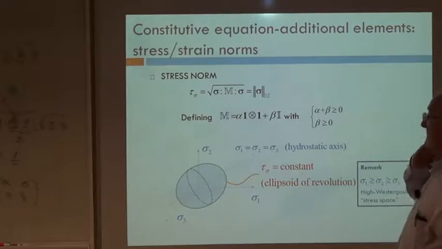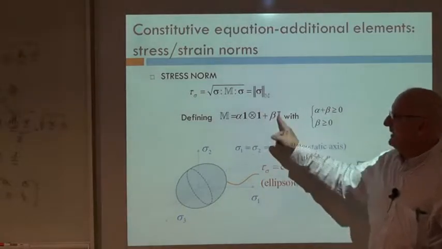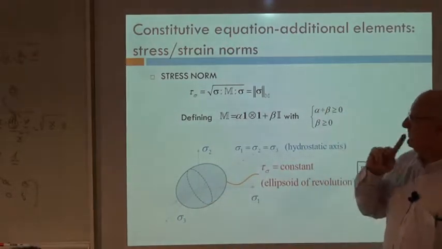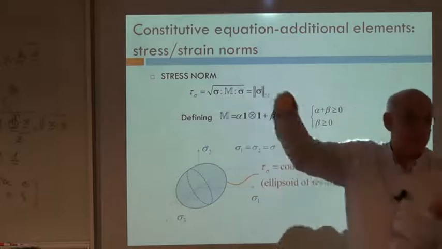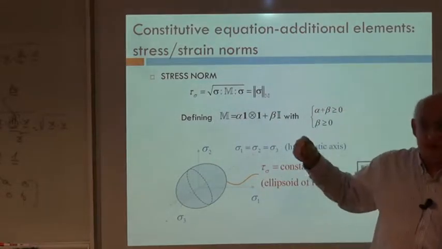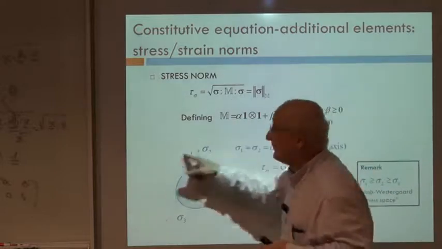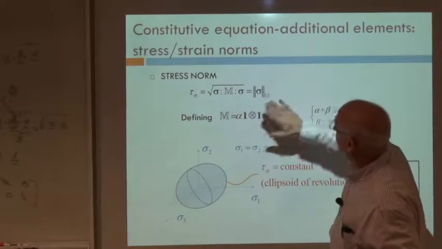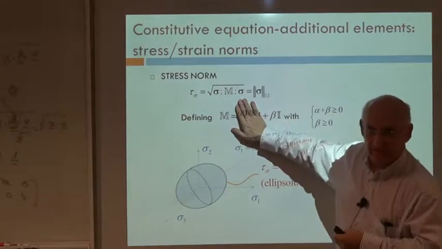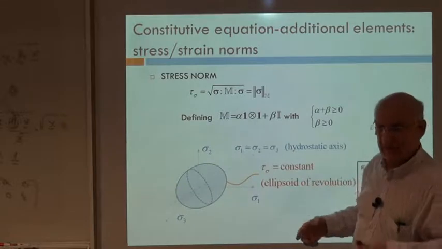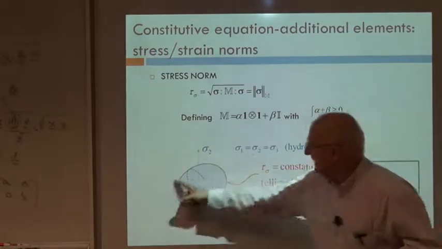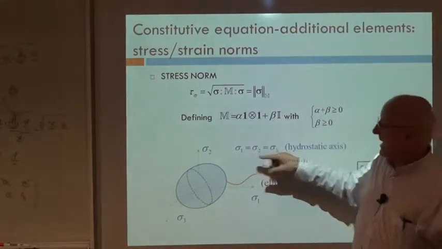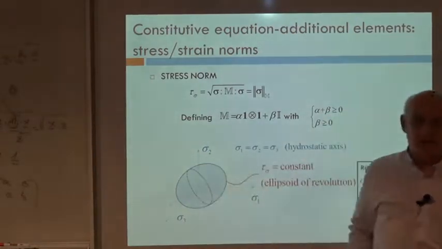Look, by the way, if you take this norm, then it can be proven that the locus of points having the same magnitude, the same distance to the origin, is not a sphere, as it would be if alpha is equal to 0 and beta equal to 1, but is an ellipsoid of semi-axes. So it looks like that. It's an ellipsoid, one of whose axes is the hydrostatic axis, and the other two are the orthogonal ones.